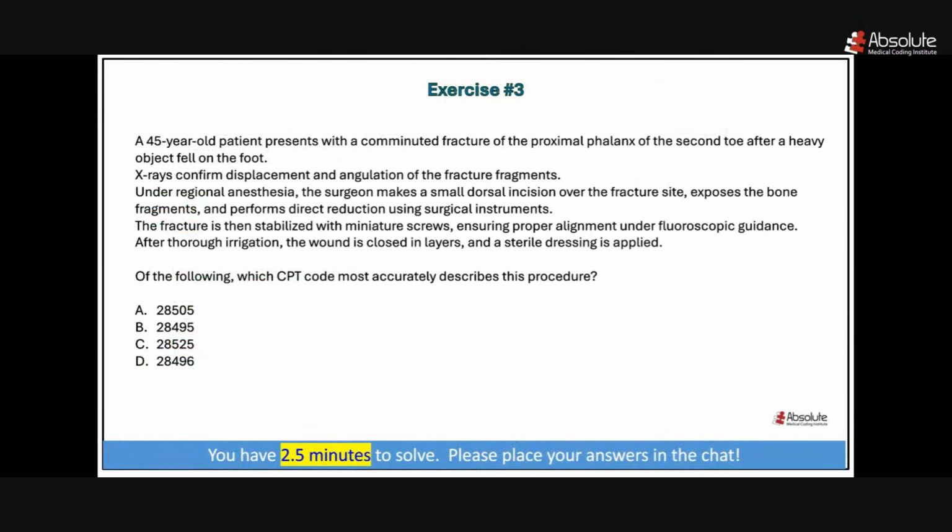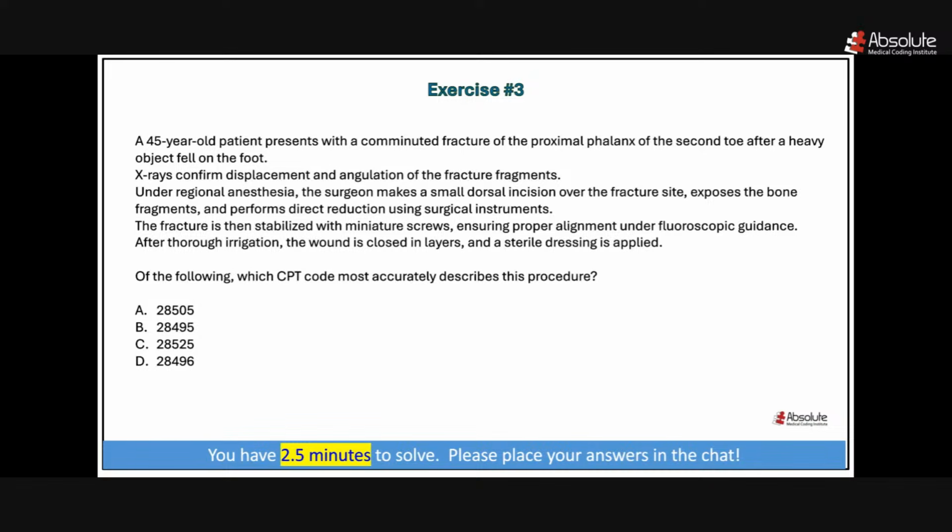Here we go. Exercise number 3. Of the following, which CPT code most accurately describes the procedure? Your options are A, 28505; B, 28495; C, 28525; D, 28496.